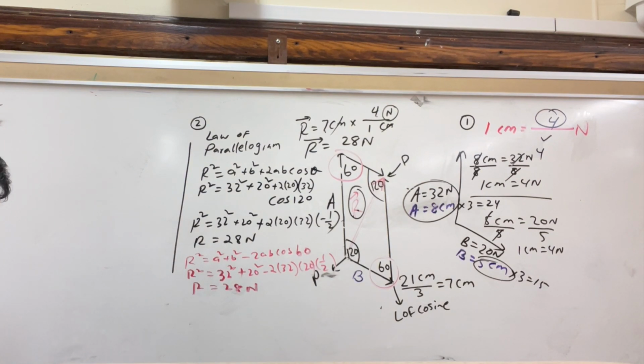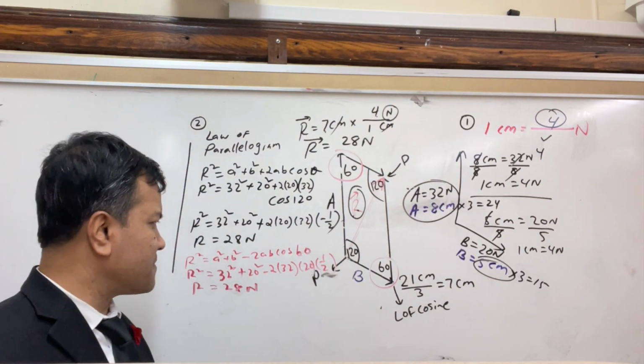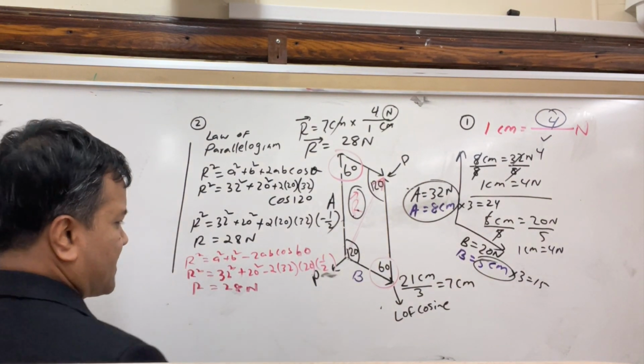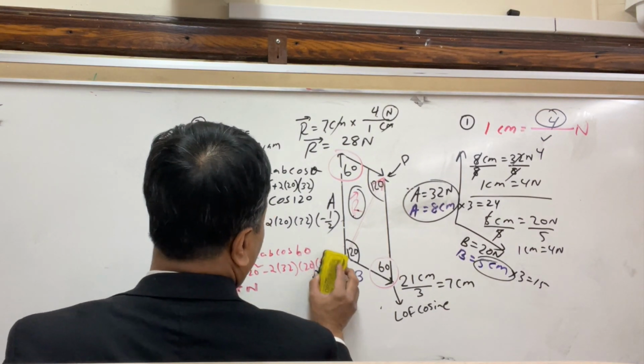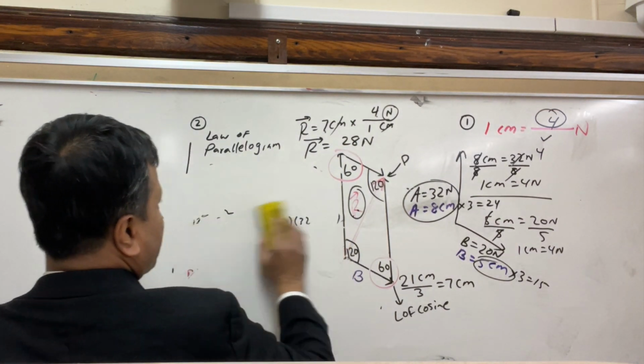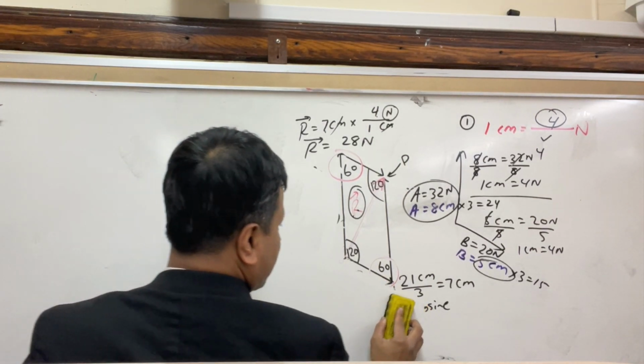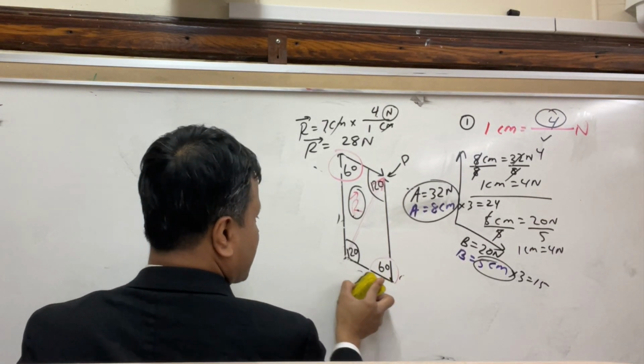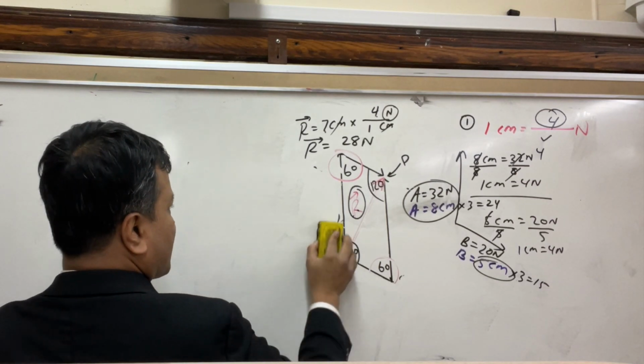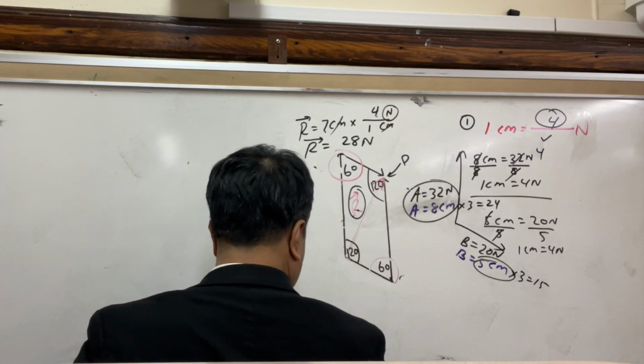So now we're going to do the geometry. To do the geometry, you see that it is super easy. What we're going to do over here is use the properties of 30-60-90.